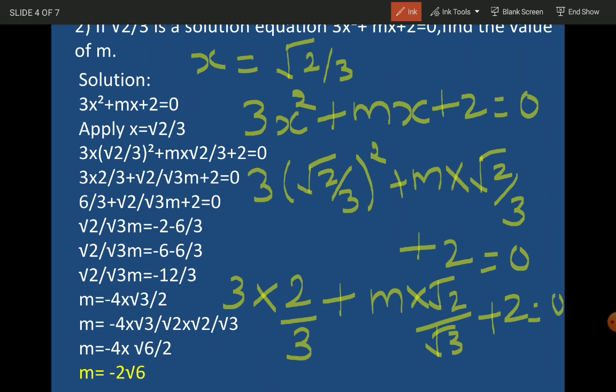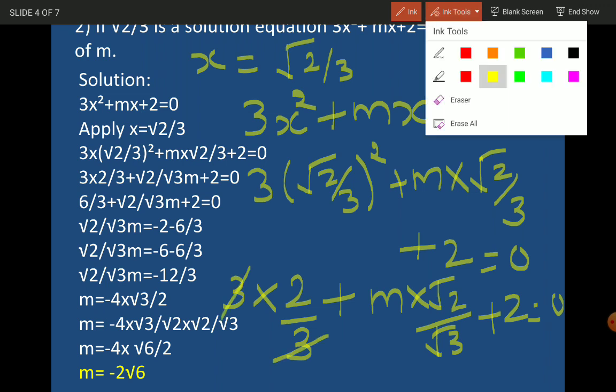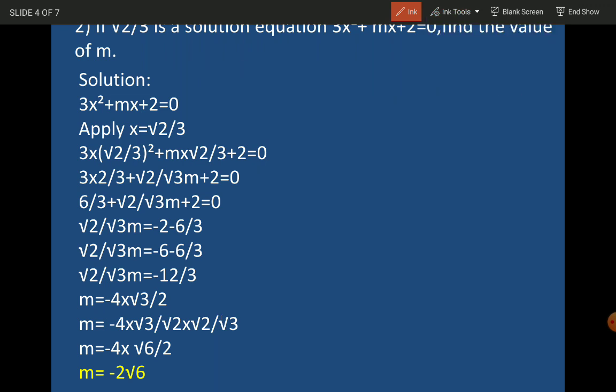Then see here, we can cancel this 3 and this 3. So now our answer is 2 plus root 2 by root 3 m plus 2 equal to 0.